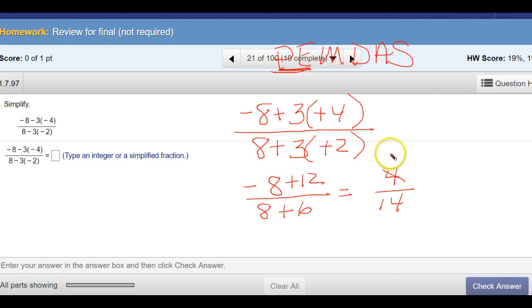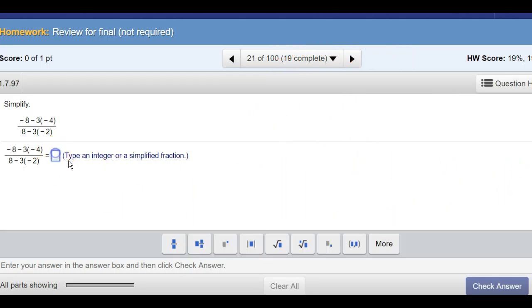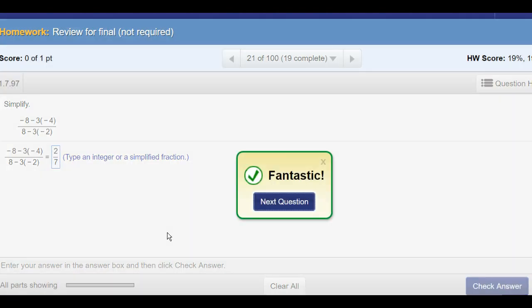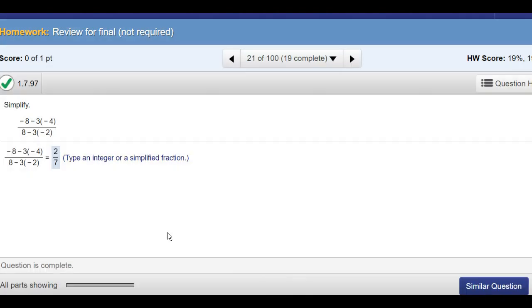And 2 will go into there twice. 2 will go into there 7. So our answer is 2 7ths. And we got that right.